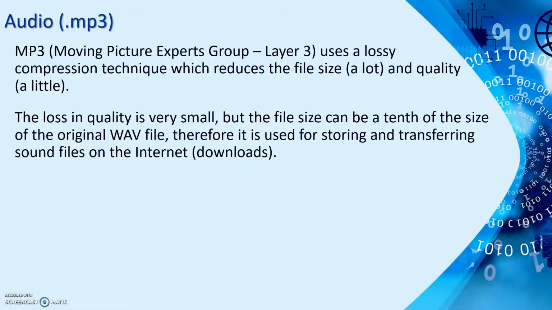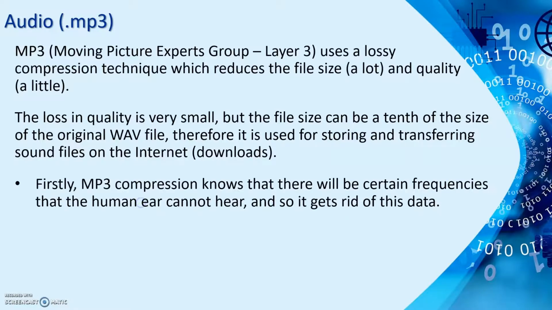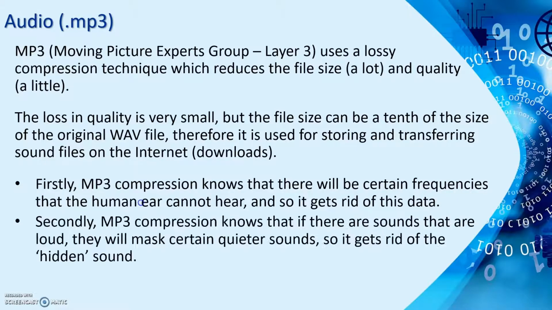Anyway, how do we get this compression? We're getting this down to 1/10 of the original size. So how do we do it? First of all, MP3 compression knows that there are certain frequencies that the human ear can't hear. So it gets rid of this data. Above the range of our hearing and below the range of our hearing, it just discards that sound because there's no point in storing it.